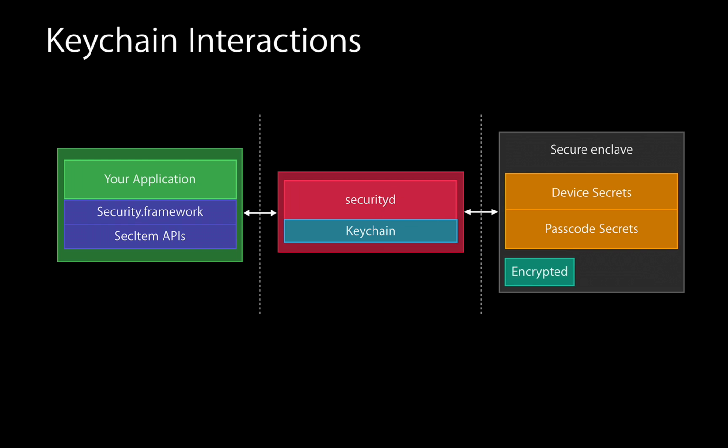So this encrypted item gets sent to the Secure Enclave, which may or may not be able to decrypt the item depending on the state of the device. Once the item is decrypted, it then gets sent back to SecurityD, and then the user secret gets sent back to your application. Now I'd like to take a moment and look at the SecItem interface and show you how easy it is to add and retrieve items from the keychain.